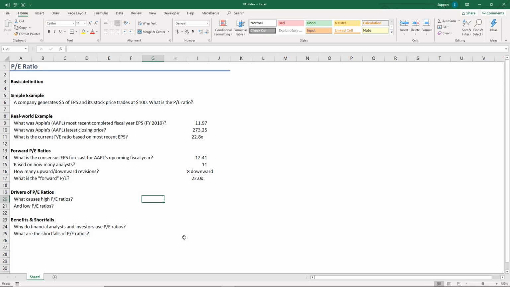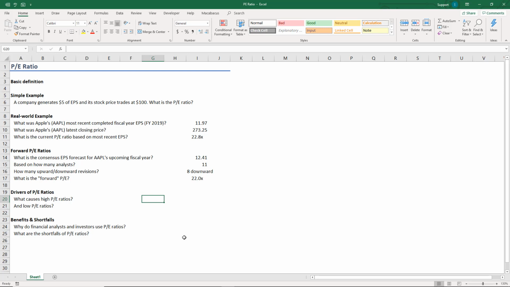Another thing that would cause a high price to earnings ratio is stability. The more stable the company's earnings are, let's say the company owns real estate properties, or it has a very competitive and dominant position in the market. The more stable those earnings are, let's say even like utility earnings, where customers are paying month in and month out no matter what, you'd be willing to pay a higher price for that because you're getting more guaranteed earnings.